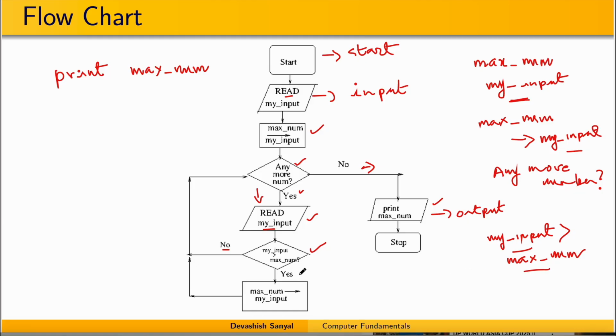If yes, if my new input is greater than max num, then what happens? In the memory space max num, we write whatever is there in my input.